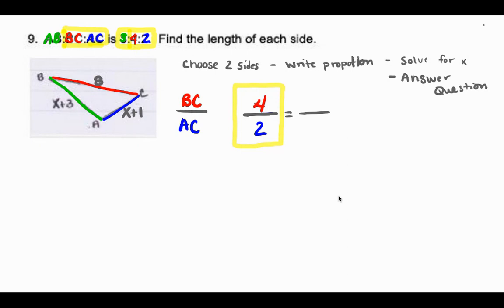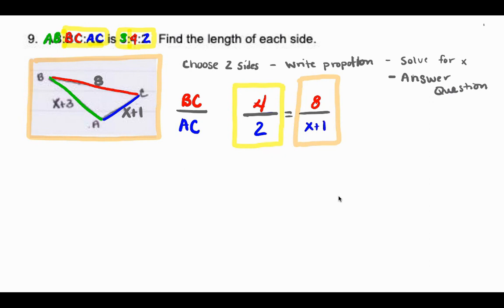For the second part of our proportion, we're going to use the measurements from the diagram. So within our diagram, the length of BC is 8, and the actual length of AC is x plus 1.